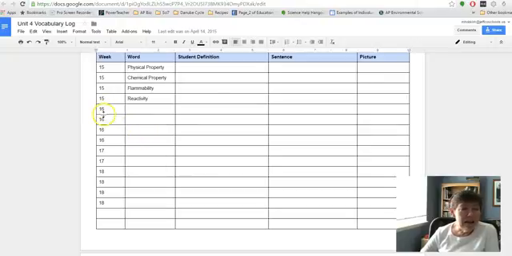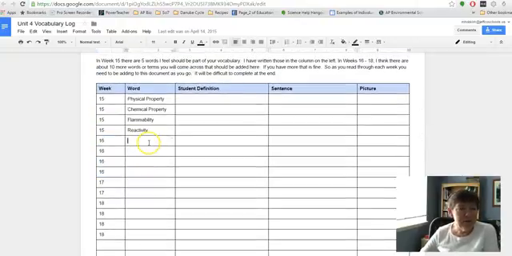I left 4 blanks here for week 16. You must add at least 4 words in week 16. Can you add more? Absolutely. You should all know how to edit a table, but in case you need it, I'll go over it real quick.